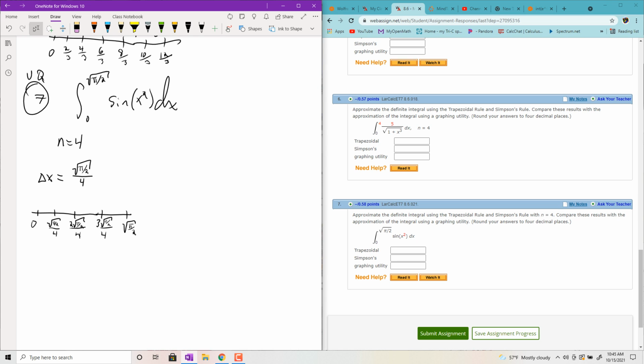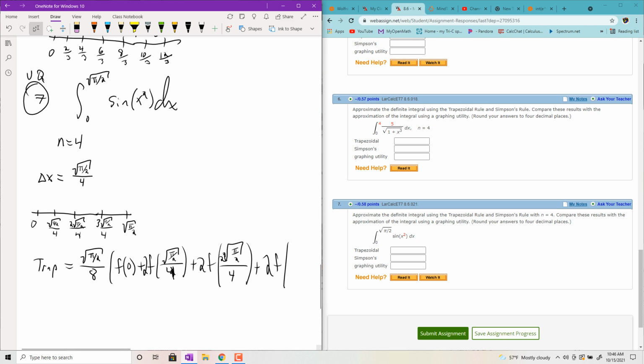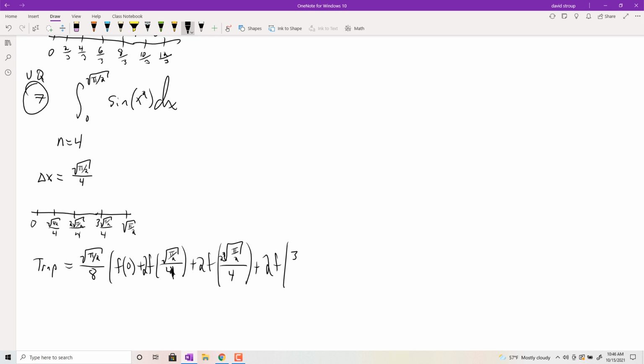First we'll do trapezoid. Trap is going to be equal to change in x over 2, so for us that would be square root of pi over 2 all over 8, and then we want f of 0 plus 2f of the next thing, over 4, plus 2f of the next thing, and then plus just the one f of root pi over 2.